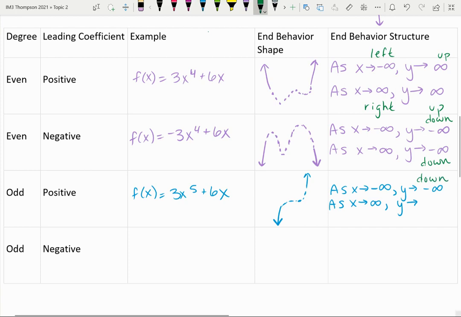So it goes down to the left. And as I look to the graph to the right, as x goes to positive infinity, as I go to big numbers on x, this goes up. Up is positive infinity. So something like 3x to the fifth goes down to the left and up to the right.